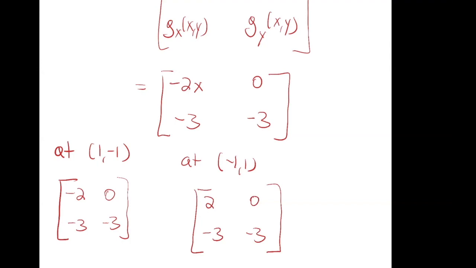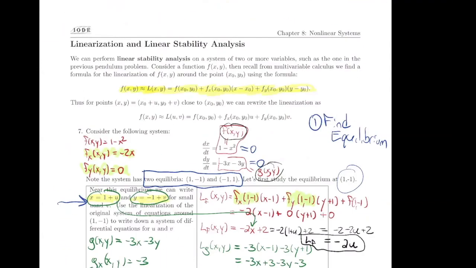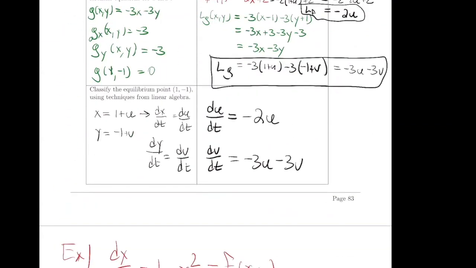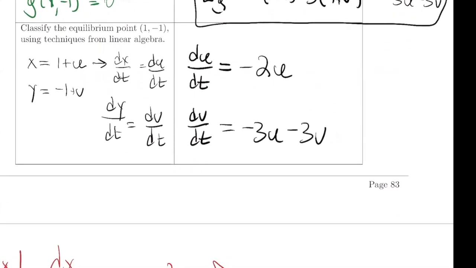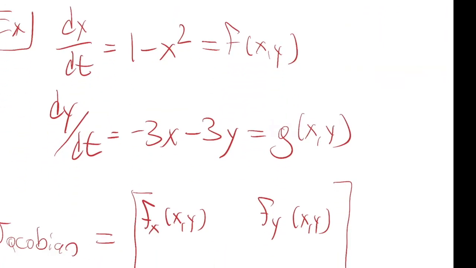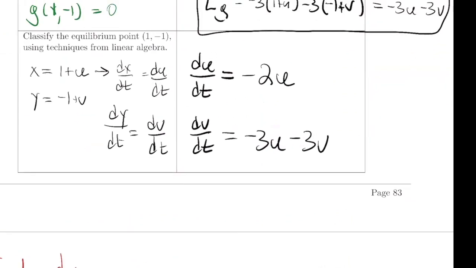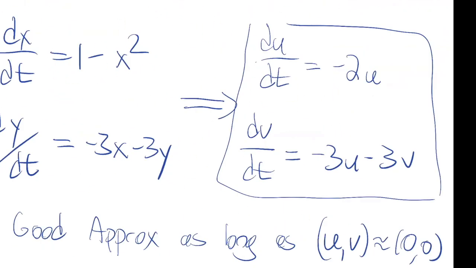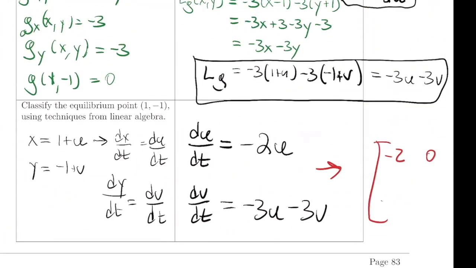So if we go back and look at the work that we did for the first one, we went through this process of linearizing it, substituting things in, grouping our terms together, et cetera. All of that work brought us to the fact that we had a matrix of minus 2, 0, minus 3, minus 3, which is the exact same matrix we got just using the Jacobian.